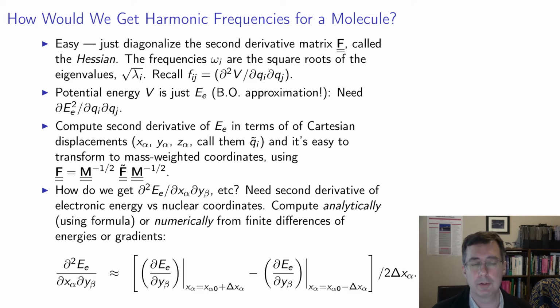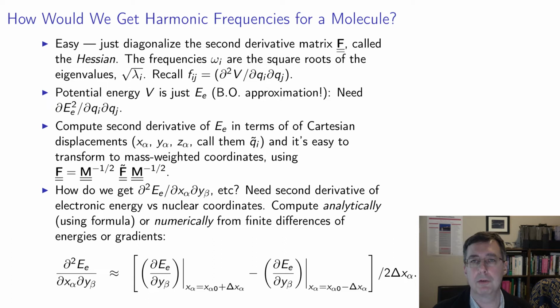So in this last equation, I'm showing how we can estimate the second derivative of the electronic energy with respect to two of these Cartesian displacements, x for atom alpha and y for atom beta, as a difference between two gradients of the energy with respect to y displacement on atom beta, where I evaluate that gradient plus or minus shifts on the x alpha coordinate.